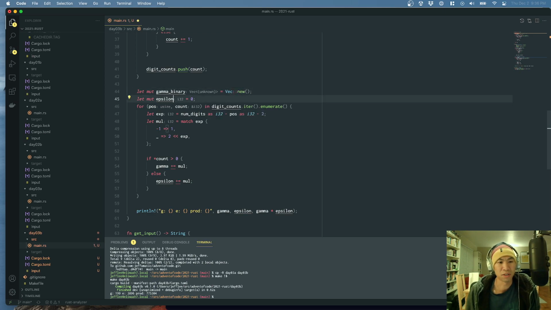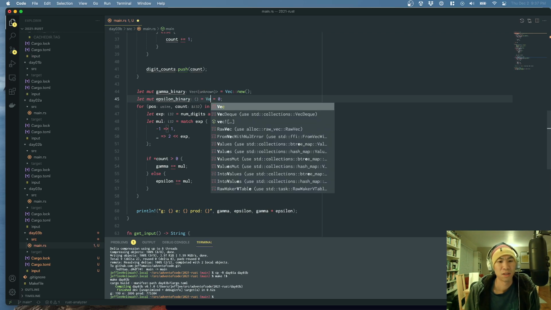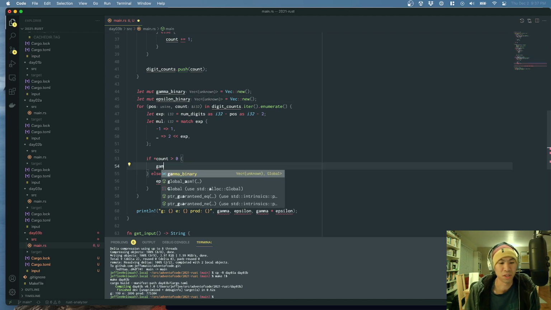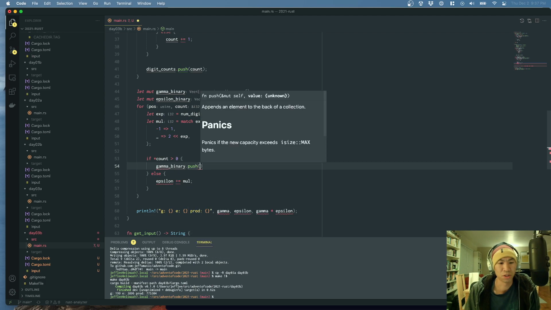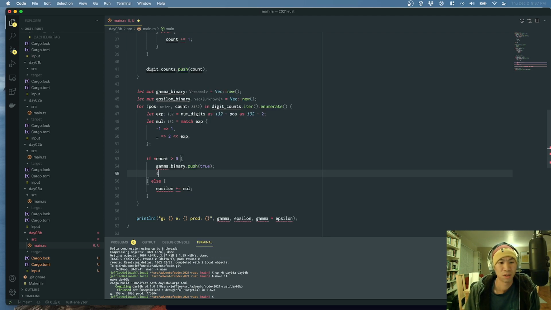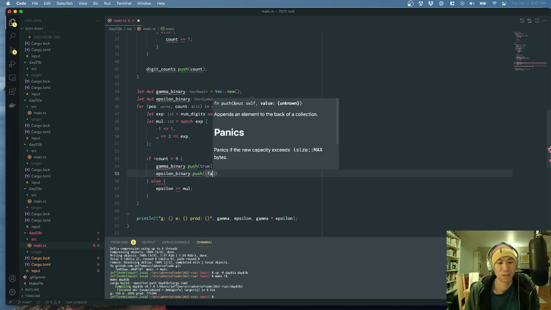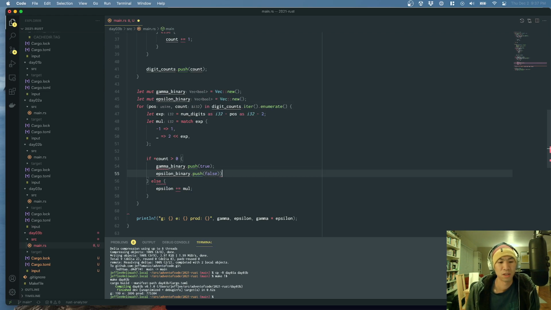And epsilon binary is the same way. So what we're doing here is we're going to do gamma binary dot push true. And the epsilon binary, we're pushing false into that digit.